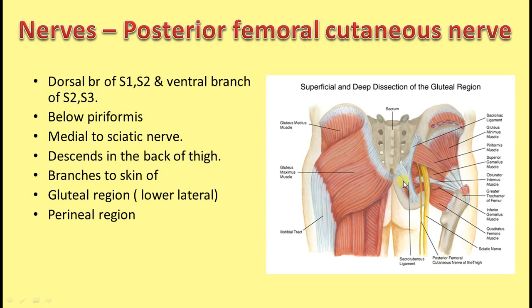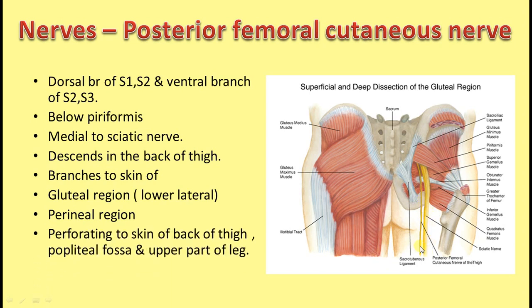So, referred pain from the perineum can also be felt over the posterior femoral cutaneous branches, because it is sharing the same segmental nerves. Then the remaining perforating branches supply the lower part of the skin of the back of the thigh and upper part of the leg. So, it gives gluteal branches, perforating branches and perineal branches.